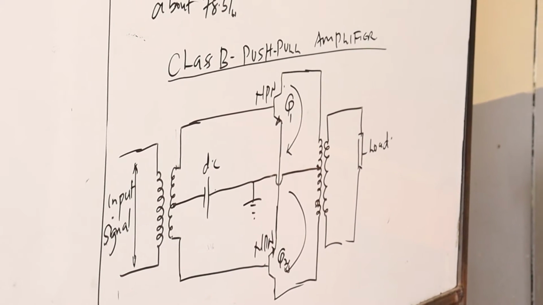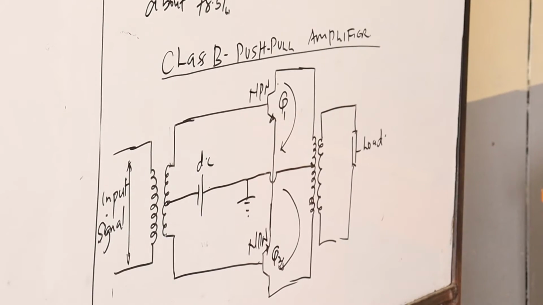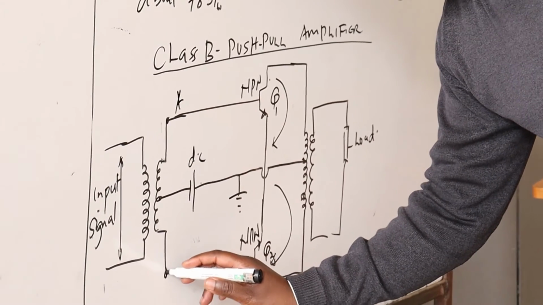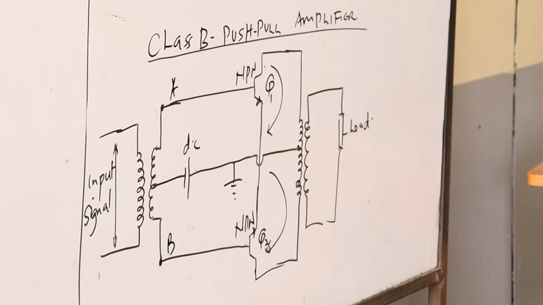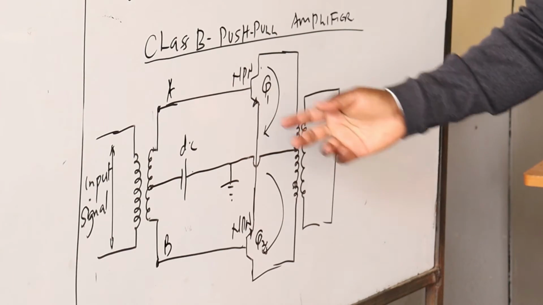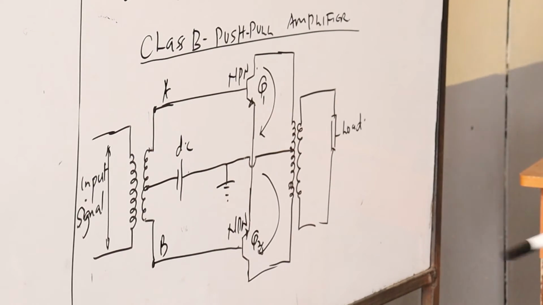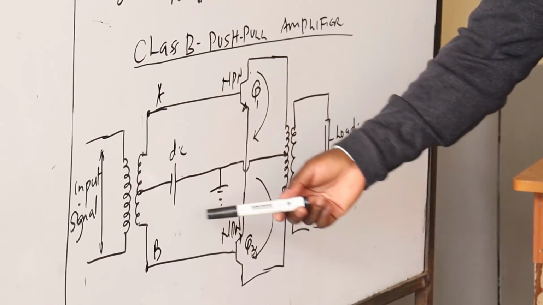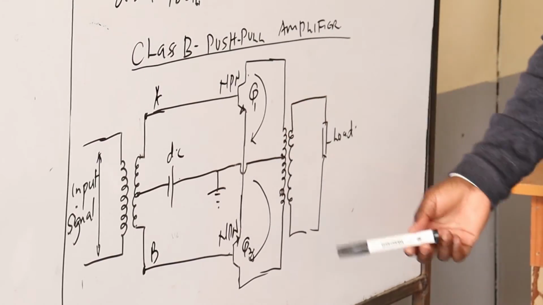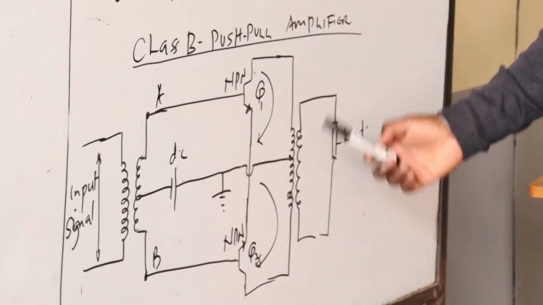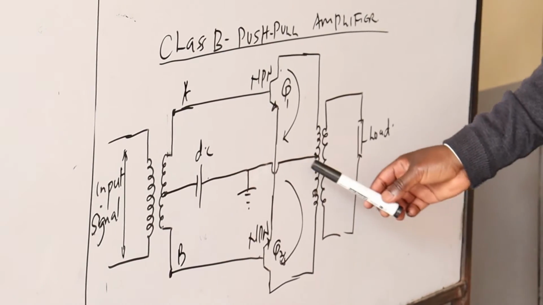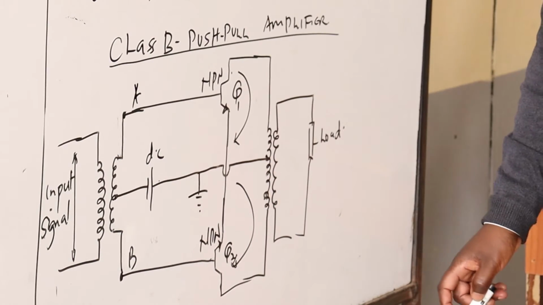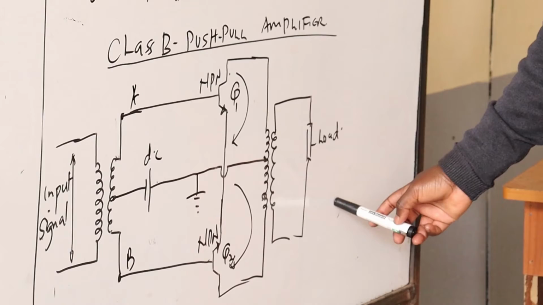The input is such that when point A is more positive with respect to point B, Q1 will conduct. And when point B is more positive with respect to point A, Q2 will conduct. The net effect is that the output signals are coupled through the transformer at the output and to the load.